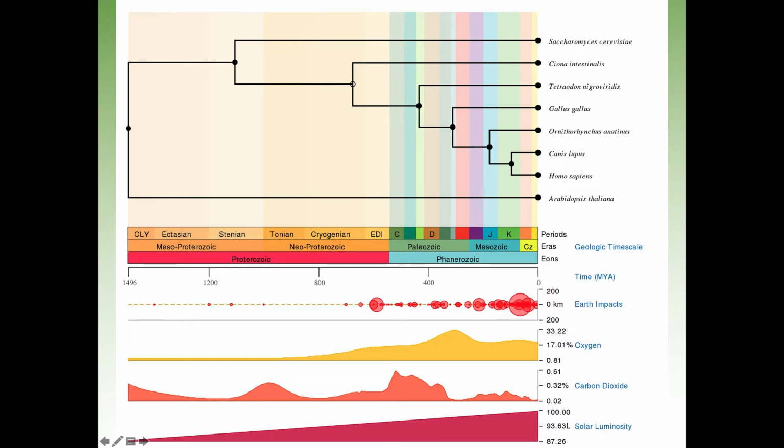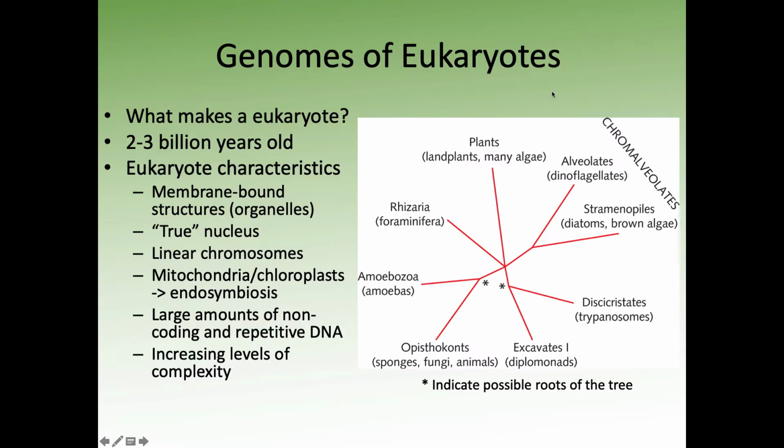But that's about when we think there could have been a common ancestor between organisms like Arabidopsis thaliana, which is a plant, and our whole other group of eukaryotic species. So if we were going to go back to this tree, it would be somewhere in this part of the tree, back when there was some sort of common ancestor.